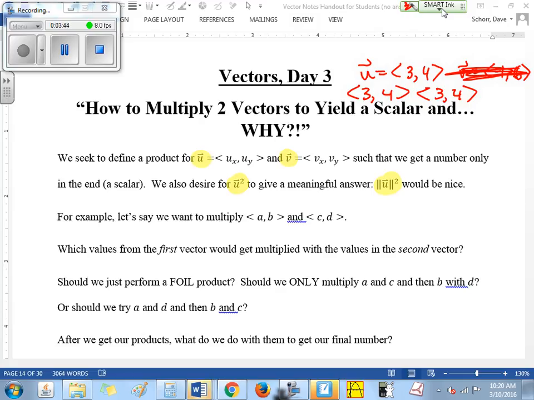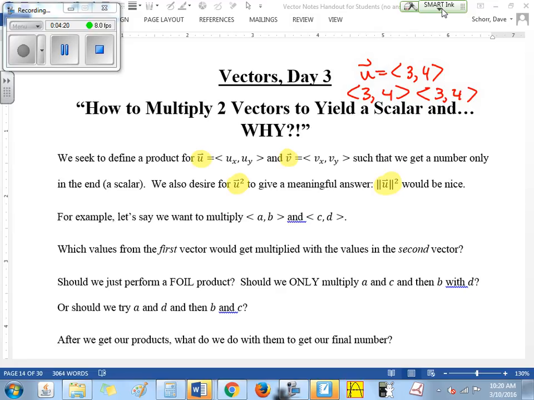So I know it sounds like we're inventing our own mathematics here, but we would like to create a new method of multiplication, and we would like it to give us meaningful answers in special cases. A special case would be multiplying a vector to itself, u times u. I would love for this to come out to be 25, and there's only one way to really make that happen. So we're going to create a formula that multiplies 2 vectors, and when you multiply the vector 3, 4 and 3, 4, it actually gives you 25, which is also magnitude times magnitude, 5 times 5.